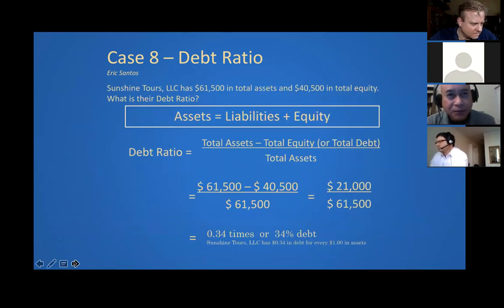So in this real quick scenario, Sunshine Tours LLC has 61,500 in total assets and 40,500 in total equity. What's their debt ratio? Again, right below that, you see an equation. Assets equals liabilities plus equity. We heard from that in Tom's presentation. That is, in a sense, the accounting equation. Now, assets, liabilities, and equity, that's all part of your balance sheet.